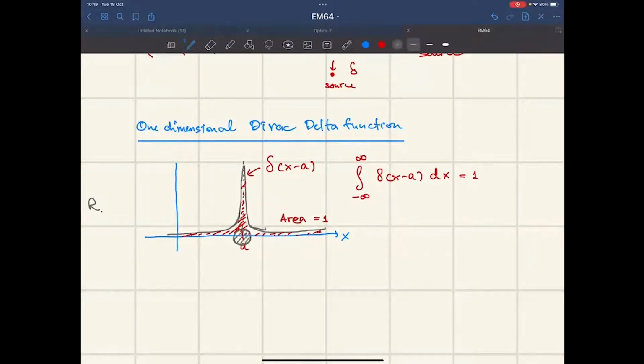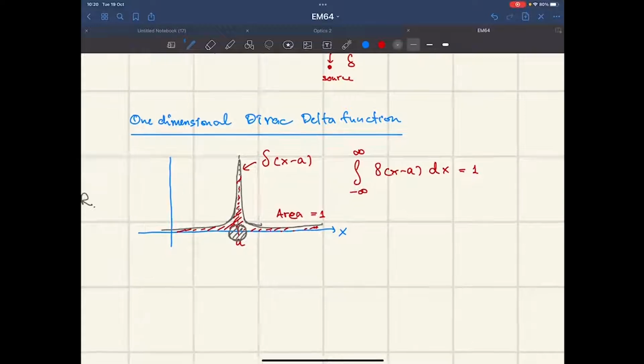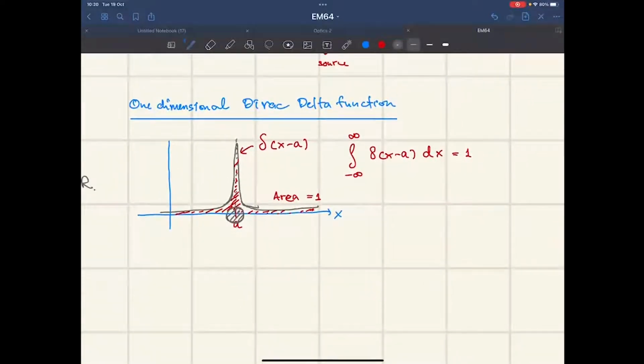This is our source located at A in space. If A is equal to 0, it means our source is right here. And the area under the curve is always 1.